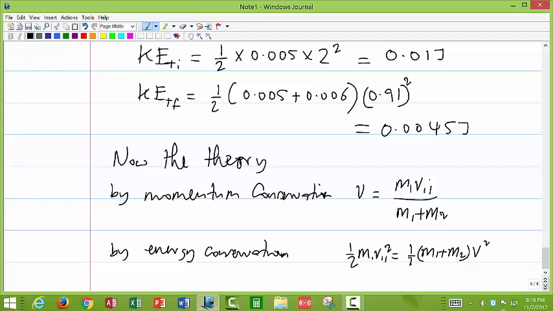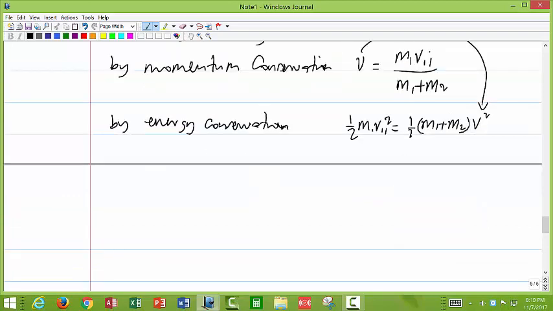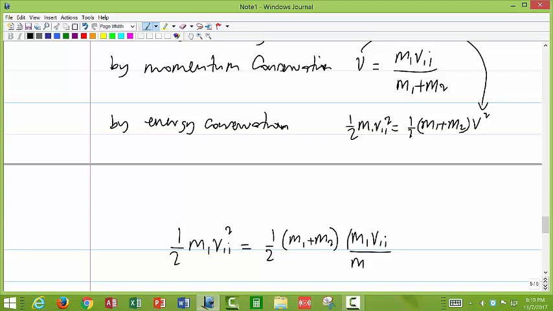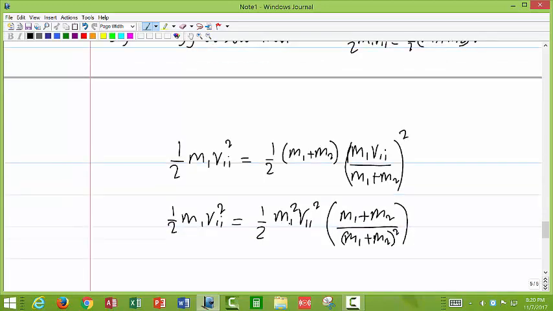So all you have to do now is take your V and put it here. You have half (m1 + m2), and then V becomes m1 v1 initial divided by m1 plus m2, and you are squaring this.